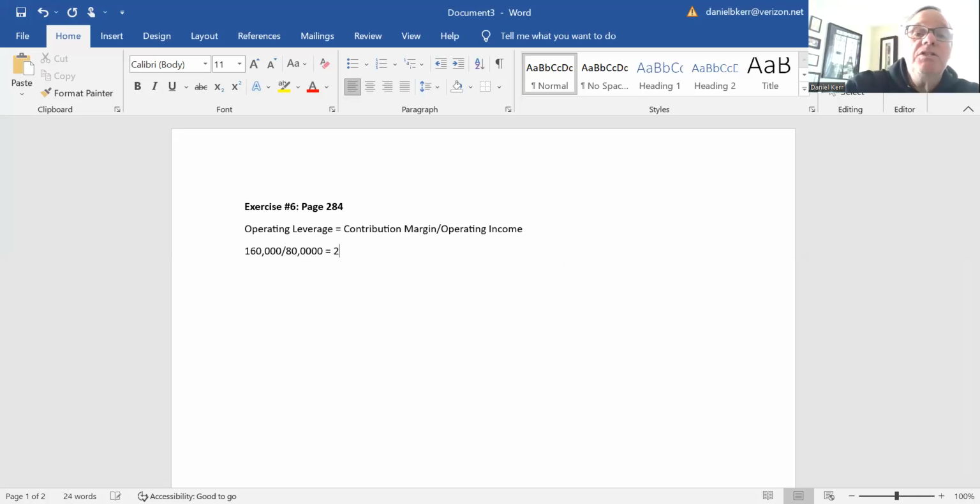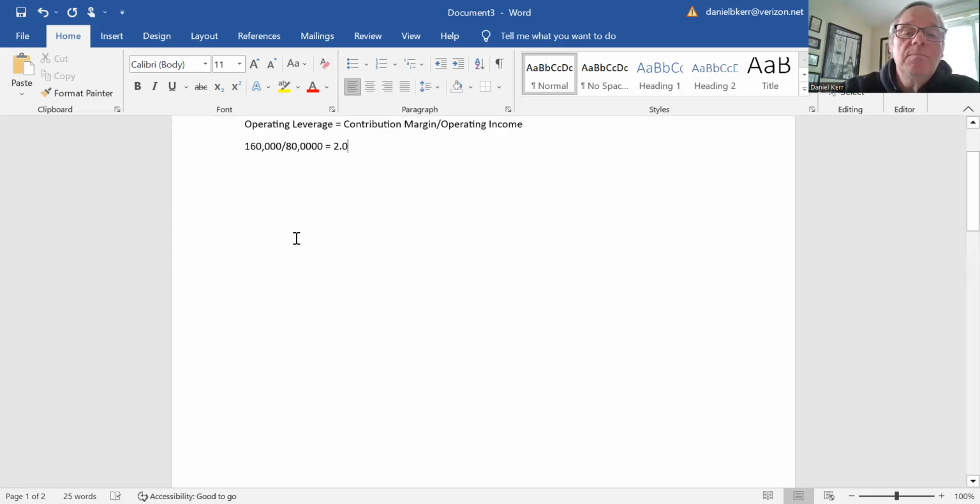So the operating leverage is 2, or 2.0 if you want. What that means is, if you had a 20% increase in sales, you'd have a 40% increase in operating income, because the operating leverage is the percentage increase you get in operating income from each additional percent of sales.